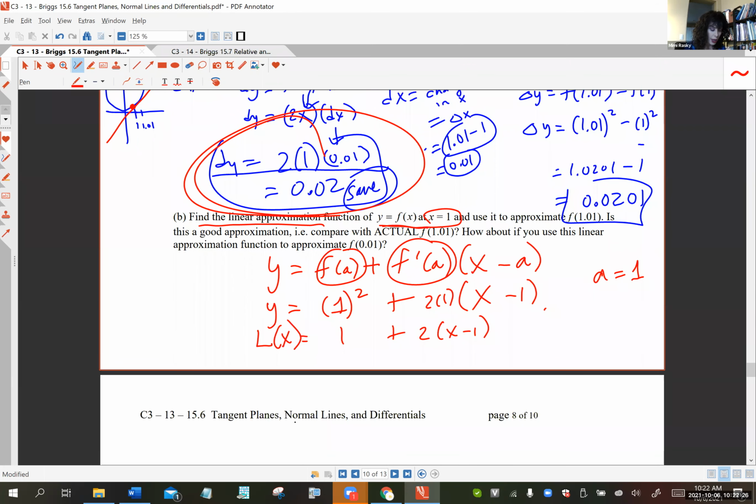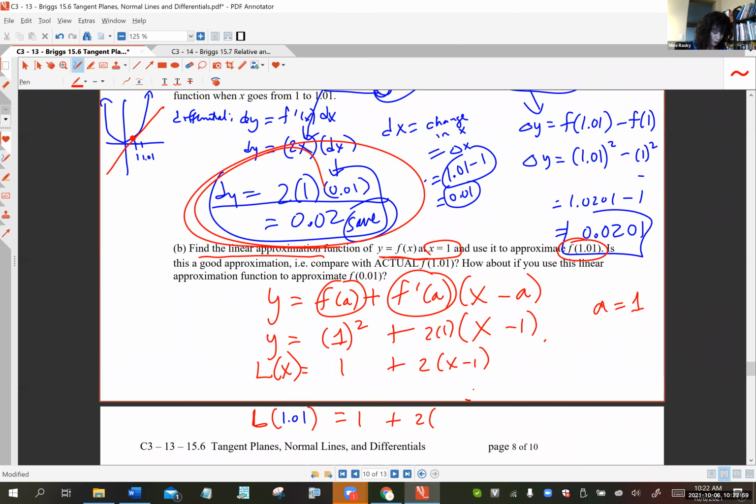Okay, now what? They want us to compare, so use it to calculate f at 1.01. So we're going to calculate L evaluated at 1.01, and then we'll compare it to the actual f of 1.01. So you're just substituting here.